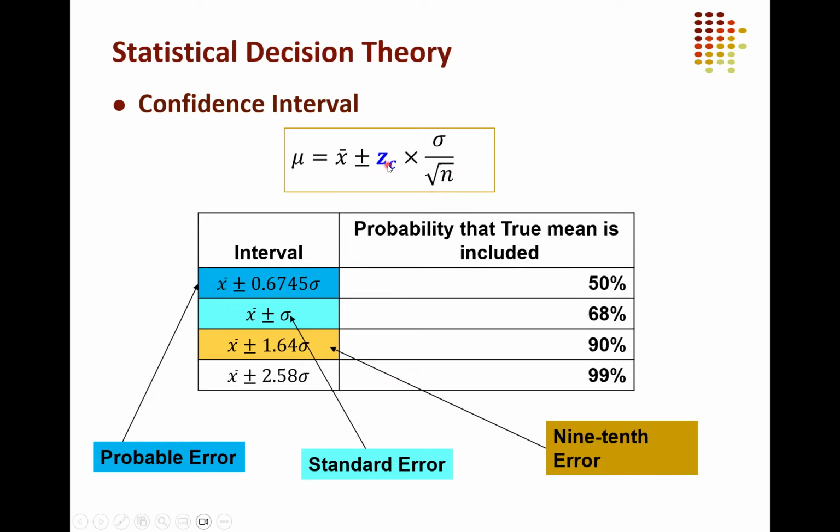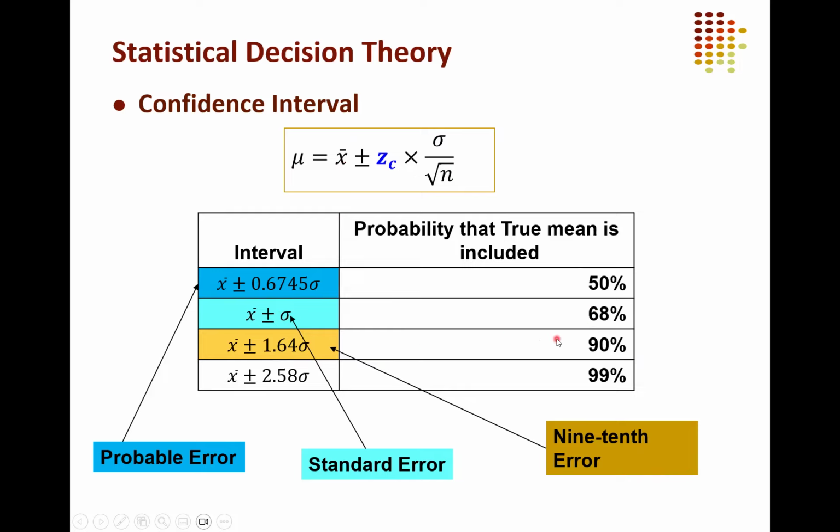So the value of ZC defines the width of the confidence interval. From the sample measurements, we would like to interpret how far the population mean is from this sample mean. Similarly, if we consider ZC equal to square root of n, so that we have x bar plus minus sigma, then there is a 68% probability.